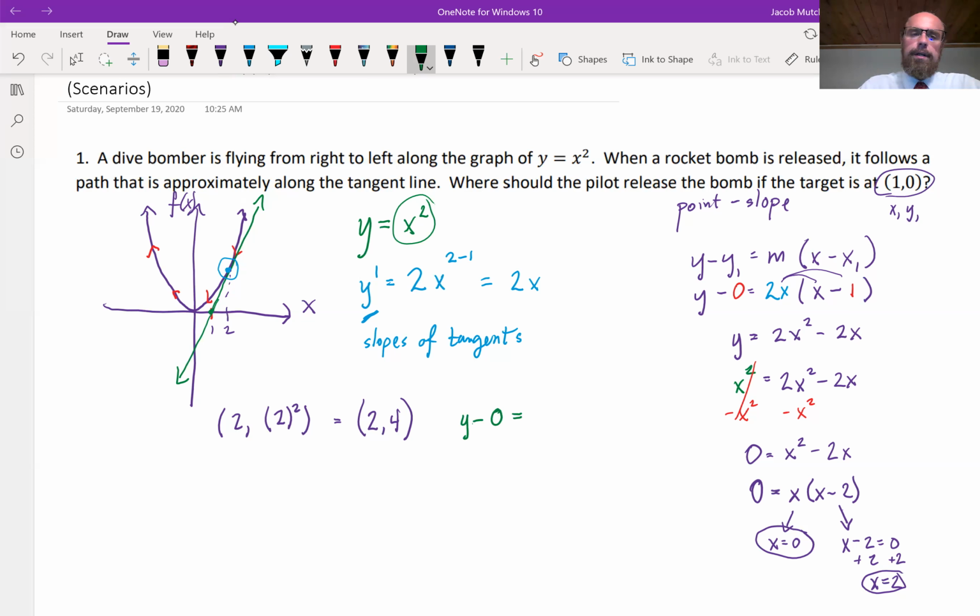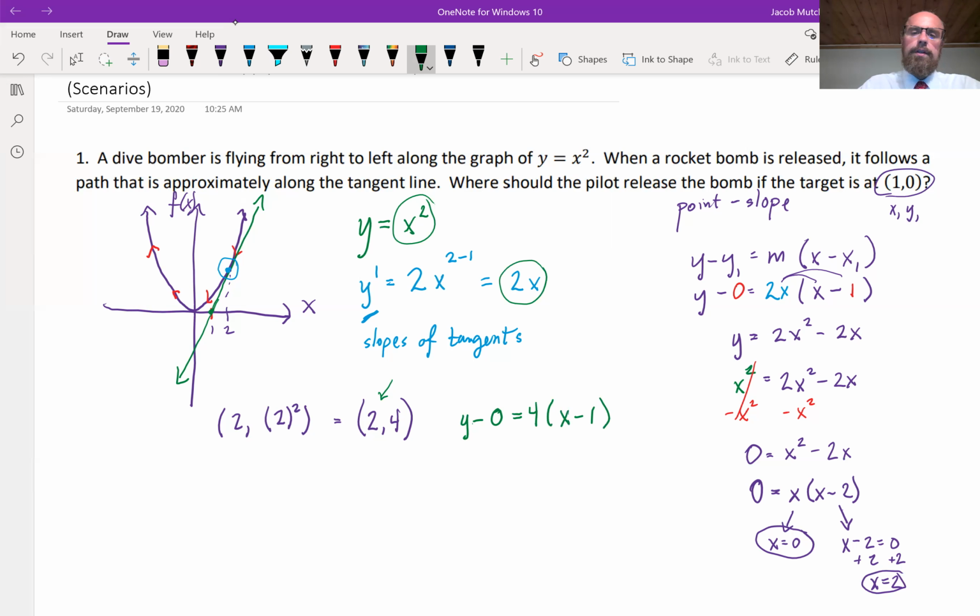equals, now the slope of the line, I could find that in various ways. If my x value is 2, I know from my derivative that the slope should be 2x. So that line should have a slope of 2 times 2, or 4. And then x minus x1 is 1.